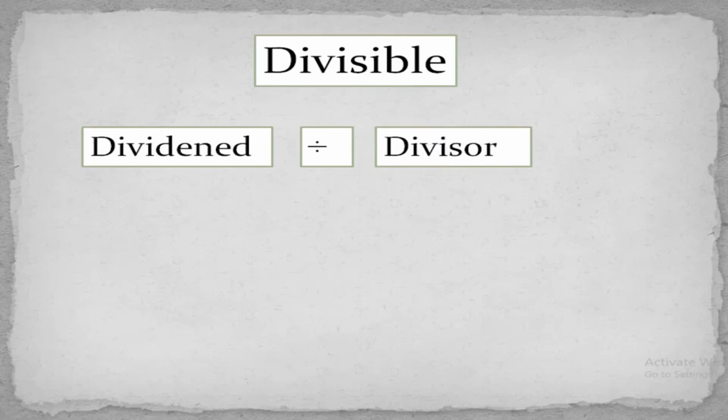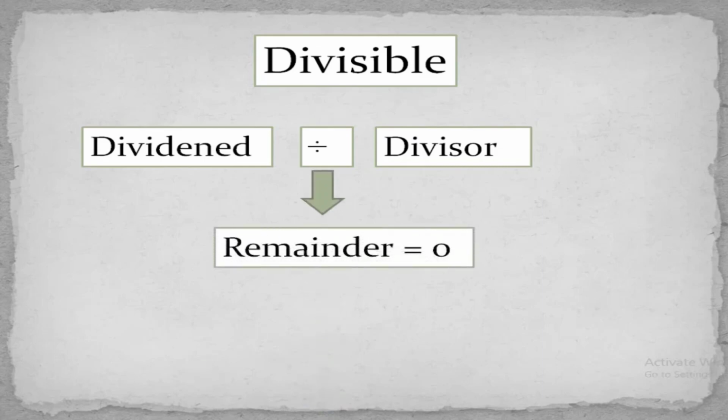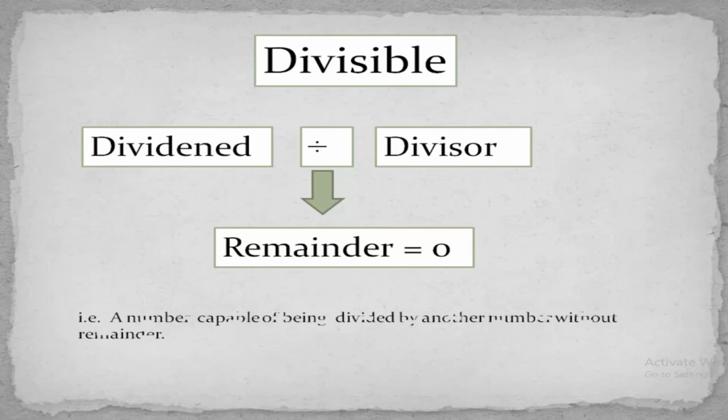The quotient of this division will come with no remainder, that is, a zero remainder division. Then we say that this number is divisible by the divisor. So if we want to define it, it is a number capable of being divided by another number without remainder.